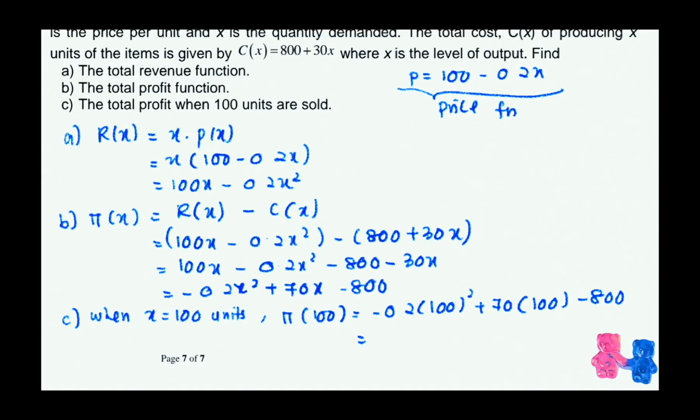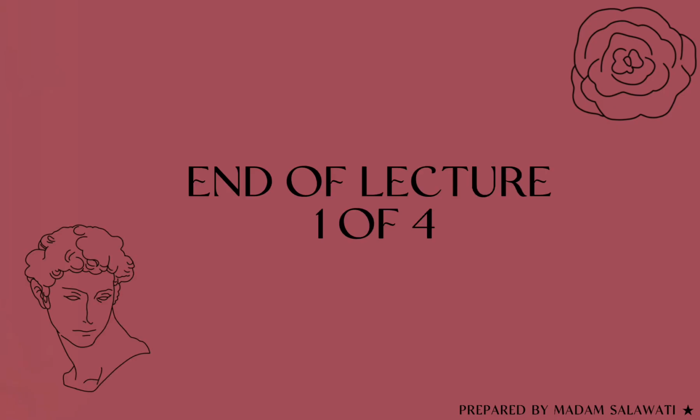So we substitute the value of X by 100. So the total profit when 100 units are sold is equal to RM 4,200.